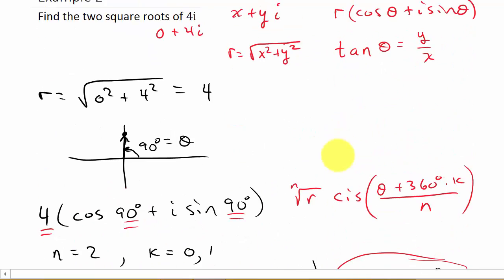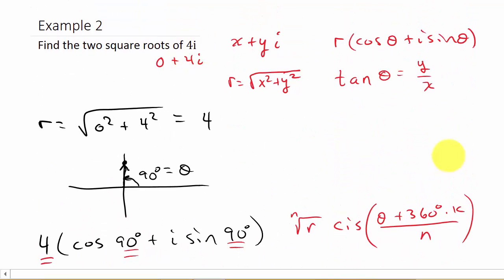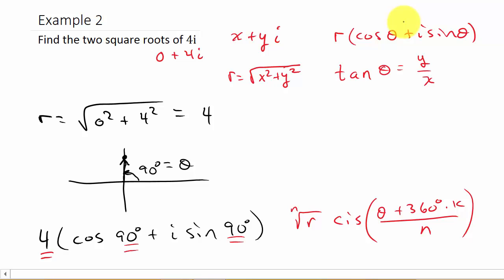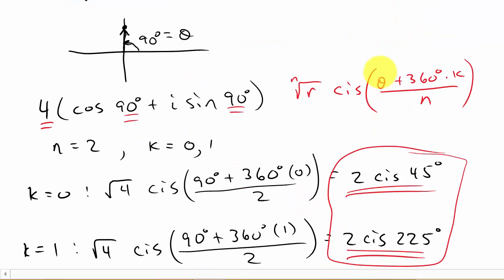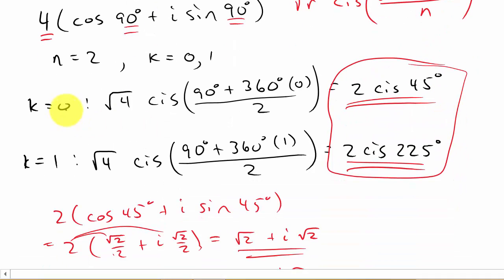So basically all it is is making sure that your complex number is in trigonometric form. So you have to convert it, and I have videos on that if you need to watch those. And then you just figure out what k is. In this case, the square root, so n is 2, so k goes from 0 to 2 minus 1, which is 1.